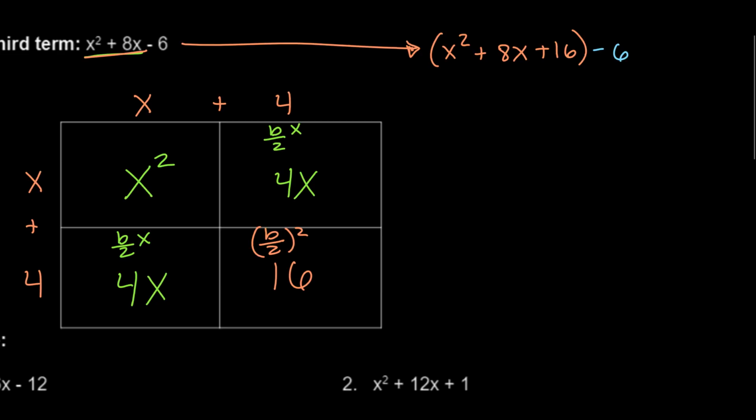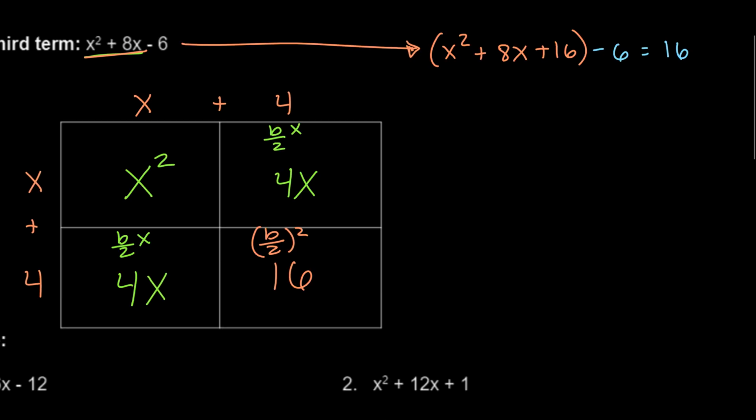So because we just added a 16 in, on the other side of the equal sign, I need to put a 16. This value that we're adding in here is what completes the square. This is why this is called completing the square, because we're finding a value that completes our square.